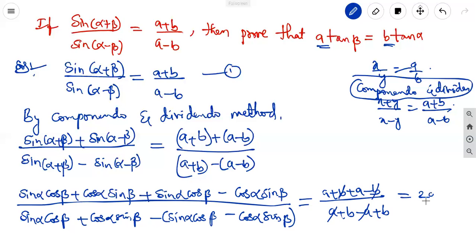This is equal to 2a by 2b. The cos alpha sine beta terms cancel, and after multiplication minus into minus will be plus.